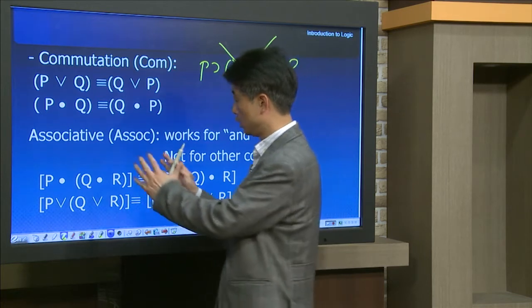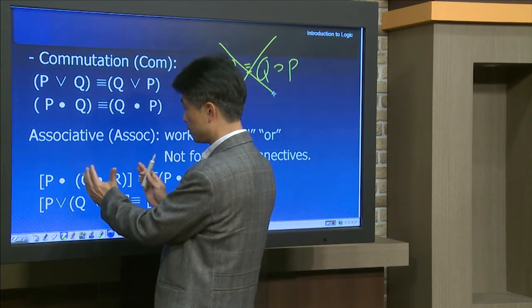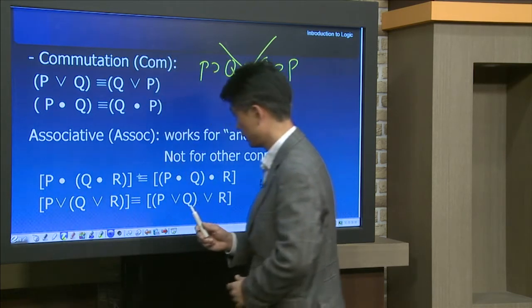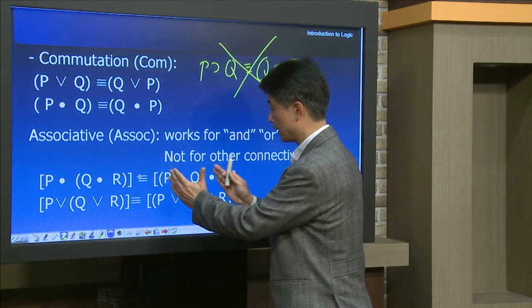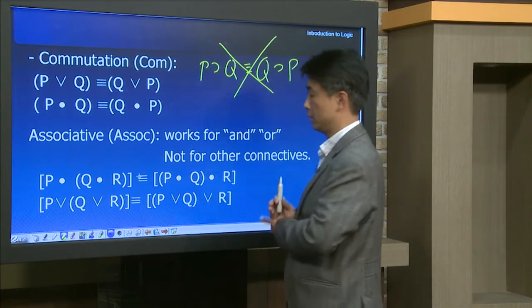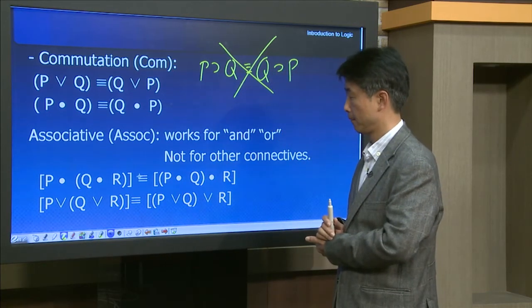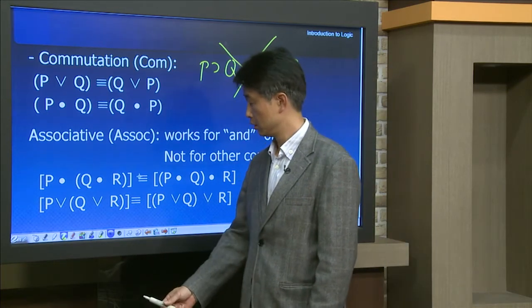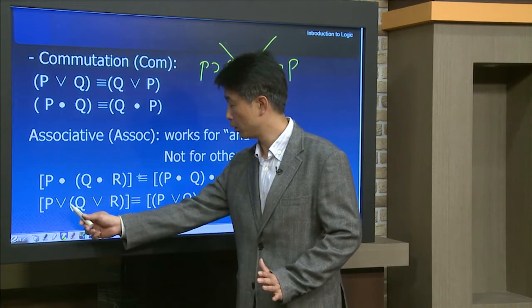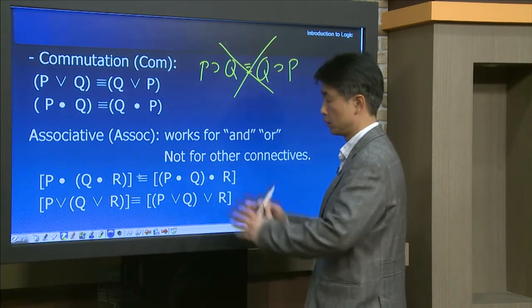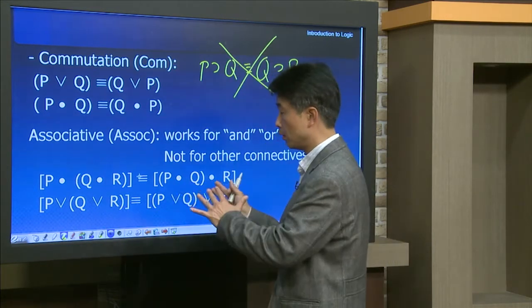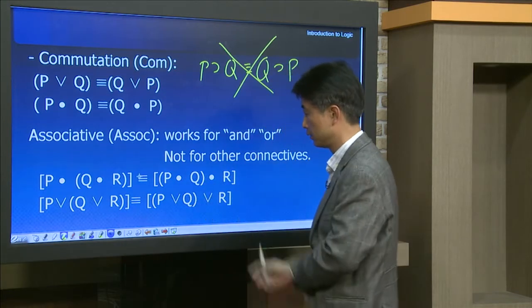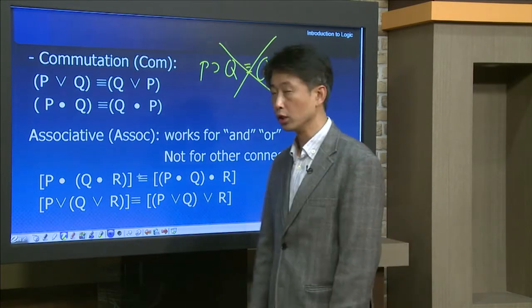So you can move parentheses to the front, and it says P dot Q dot R. That's the same thing. You can say the same thing for a wedge statement. You can move parentheses forward and backward. That's associative.